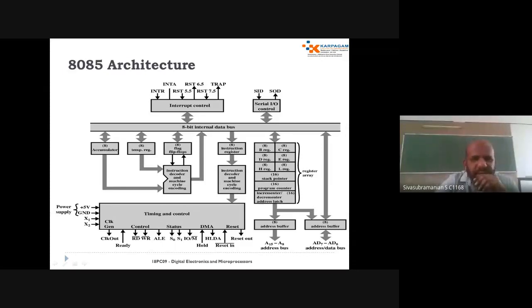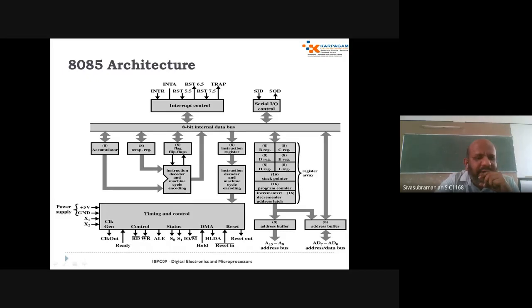The ALE signal is high during the first clock cycle of the machine cycle, and when this is high, it enables the lower 8 bits of the address to be latched either onto memory or to the external latch. So ALE takes care of only that operation.